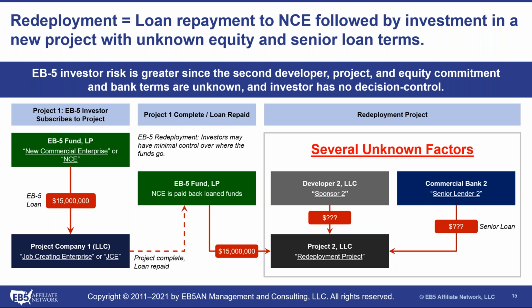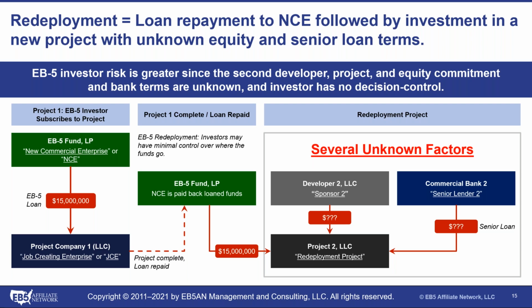So when you look at a redeployment, the first issue is, how long is the investment for? Is it going to be for 5 years, 7 years? Who's our audience? Who are we protecting? We're protecting investors with all different time zones as far as when they can get their money back. And then you may have withdrawn investors that say, I want to get out of the program.